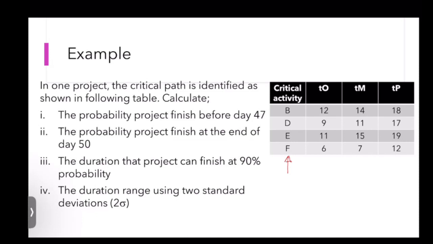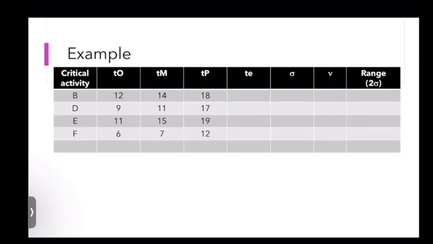Then from that, you can list down all the critical activities and determine the optimistic time, most likely time, and pessimistic time for each critical activity.